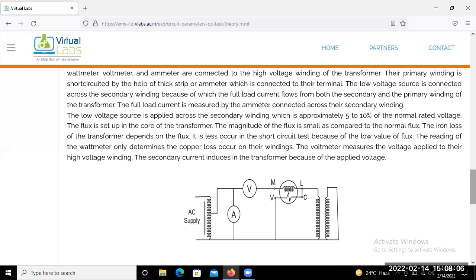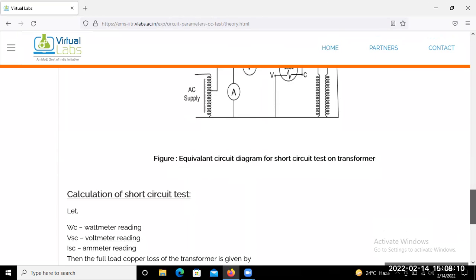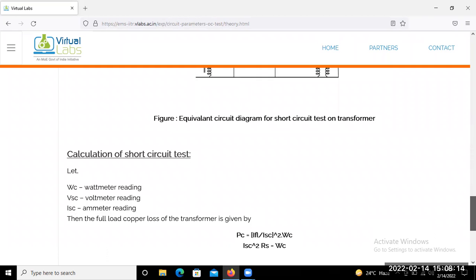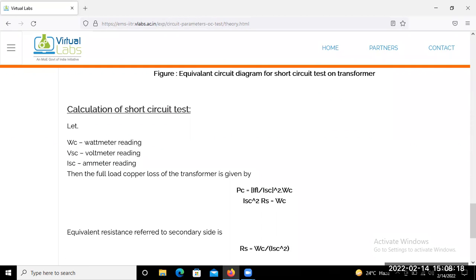Okay, so we'll find out the calculation here. W_SC represents the wattmeter reading, V_SC the voltmeter reading, and I_SC the ammeter reading. You have to note down all the instrument readings at the rated current.